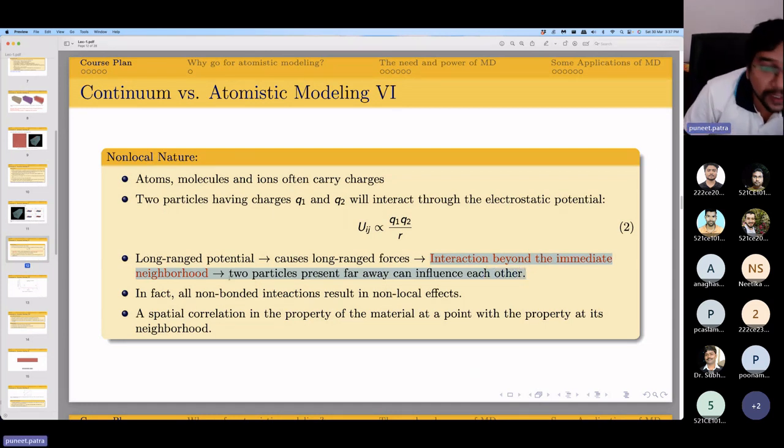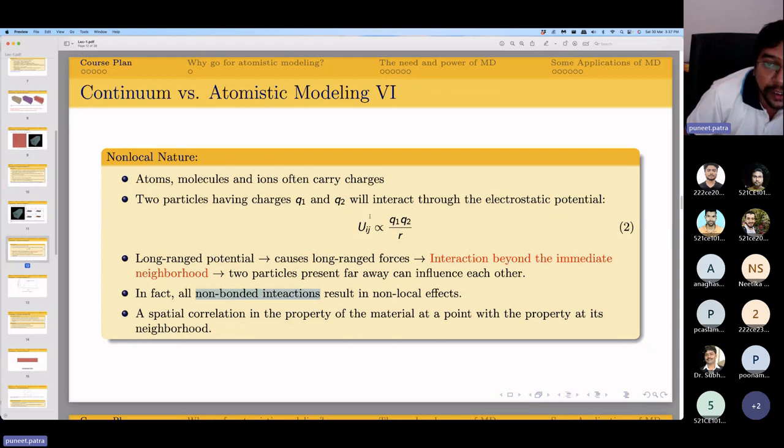In fact, there are what are known as the non-bonded interactions present within atomistic scale simulation. Non-bonded interactions are nothing but, well, you can imagine that you have a bond. A bond will have its own interaction between two atoms, but two atoms can also interact not by means of any bonds, but through other means. So they are known as non-bonded interactions.